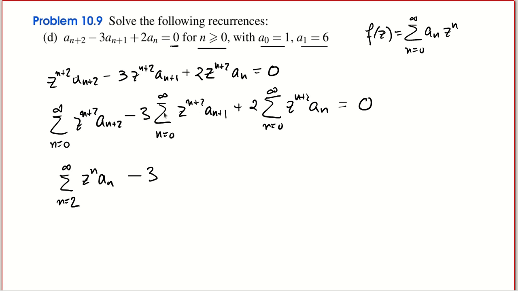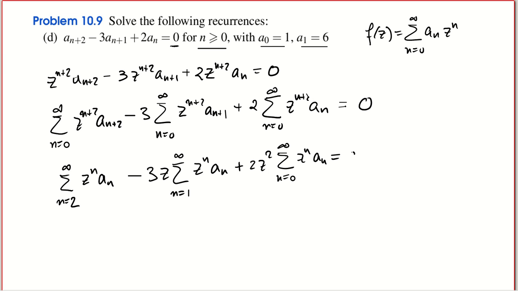So first we are going to take out a factor z, and second we're going to shift 1 unit the index here, so we have z^n a_n after doing that. And finally in this one, the only thing we have is a mismatch between exponent and index, so all we have to do is to take 2 factors z outside. So we got this z^n a_n, and that is equal to 0.